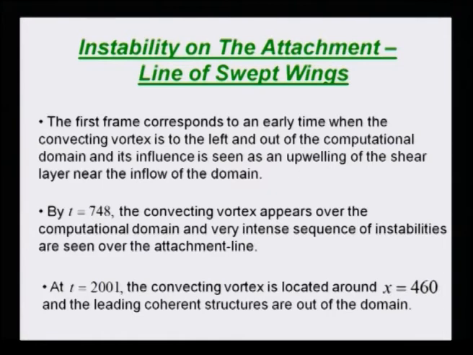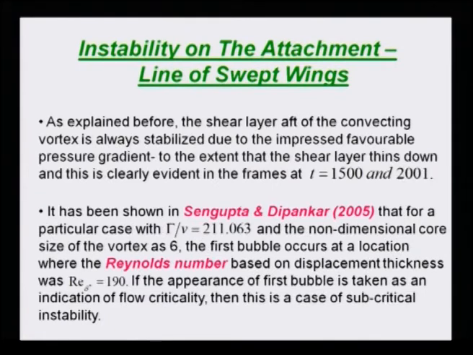Okay. Now, the shear layer that is aft of the convecting vortex is always stabilized, because that introduces a kind of favorable pressure gradient, right, that we have talked about. And you can see the shear layer would thin down in those regions. That you can see actually in those later frames.